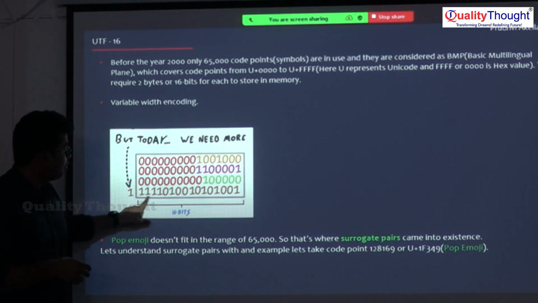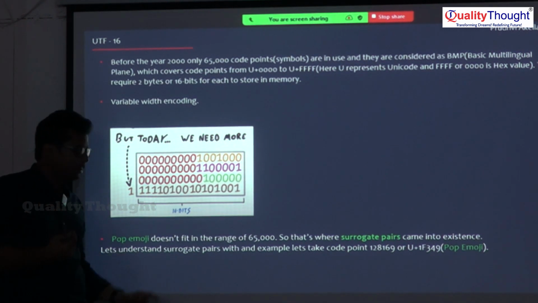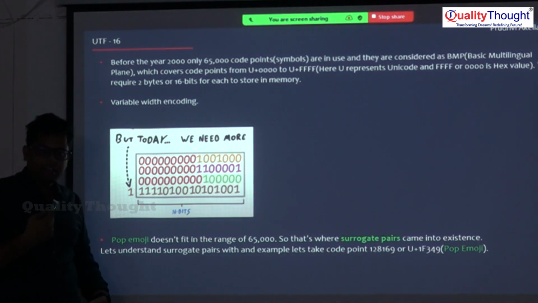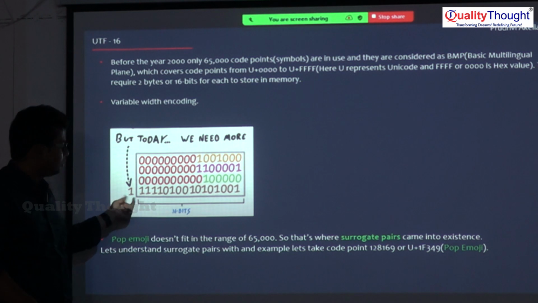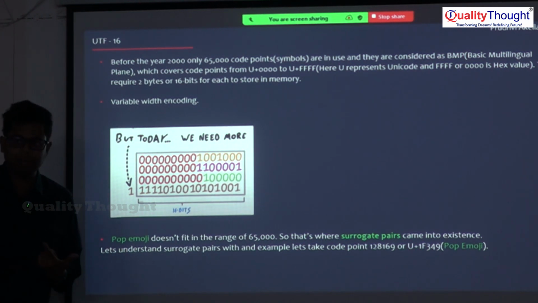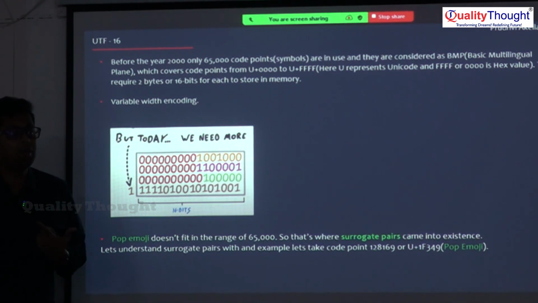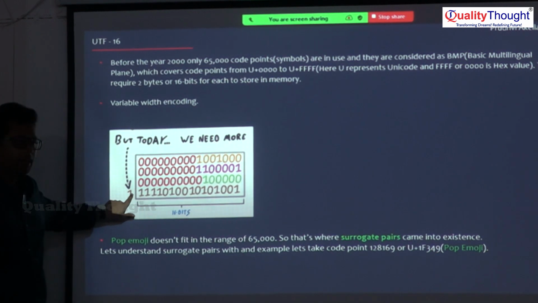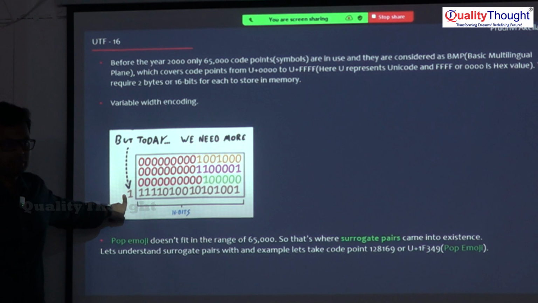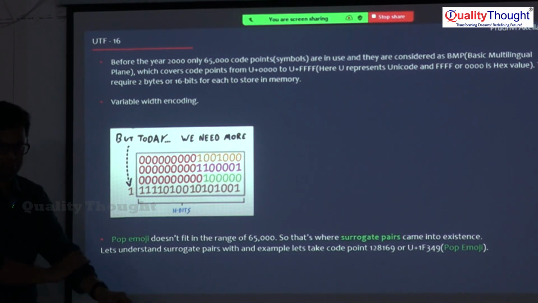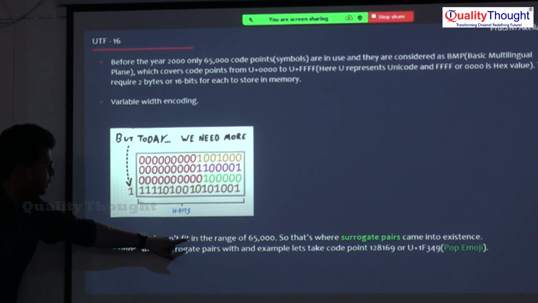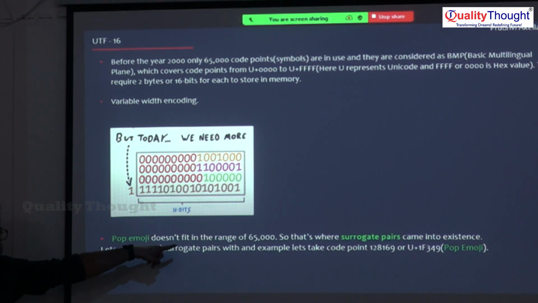But when you want to represent a poop emoji, is it fitting into this? It's not fitting, correct? Because to represent the poop emoji decimal number, it requires 17 bits. But you have how many bits? So 1 is outside of this. So what is the solution for this? The poop emoji doesn't fit in the range of 65,000.